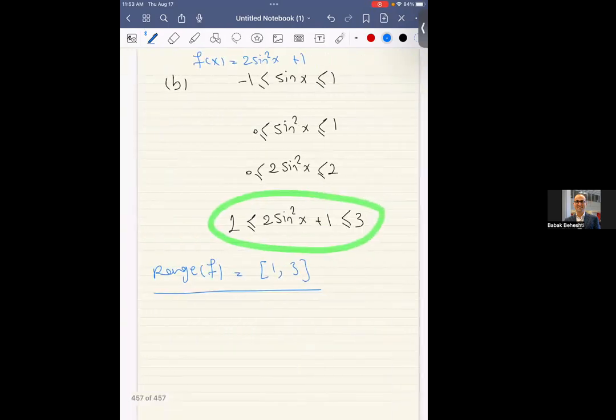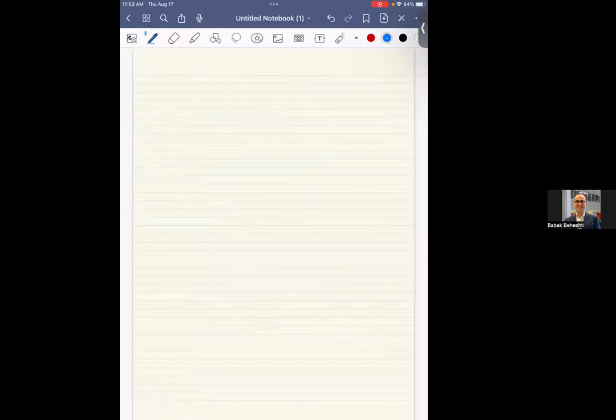Okay, so secant x. Look, so f of x equals 3 times secant x minus 1. So we know that secant x is either greater than 1 or less than negative 1. If you multiply by 3, it's greater than 3.